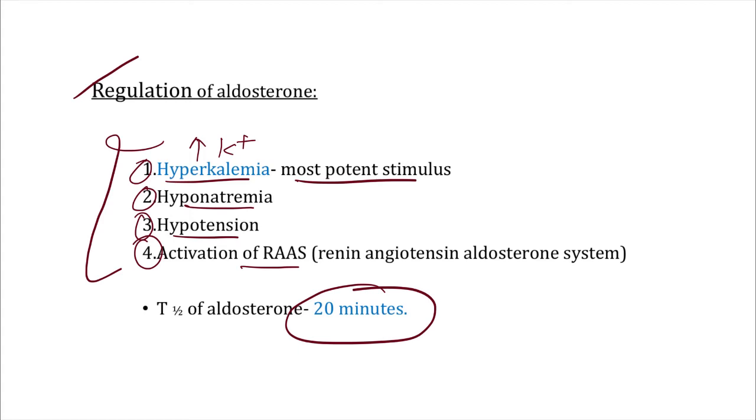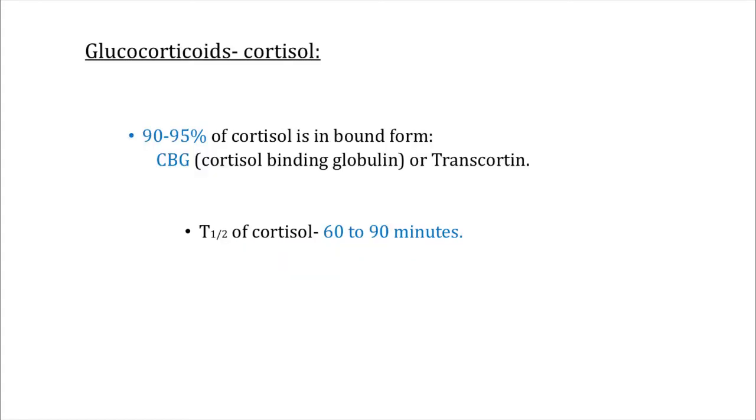With this important note, after aldosterone, the next hormone we are going to discuss is glucocorticoids, very importantly cortisol. So see here friends, very important. 90 to 95% of cortisol is in bound form. Why in bound form, sir? What binds to this cortisol? This very important globulin, the name is CBG, cortisol binding globulin, also known as transcortin. This globulin binds to this cortisol.